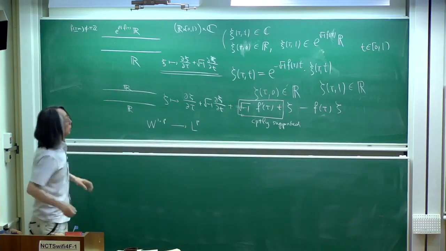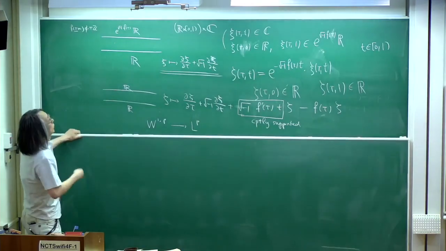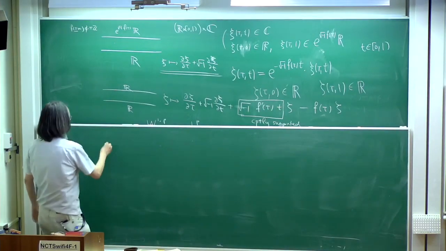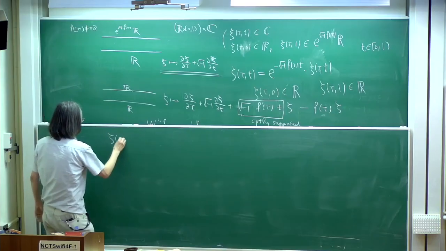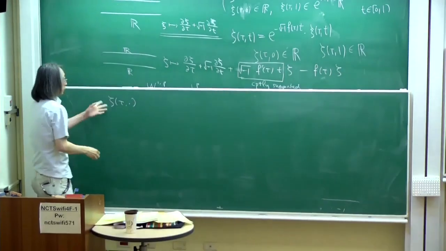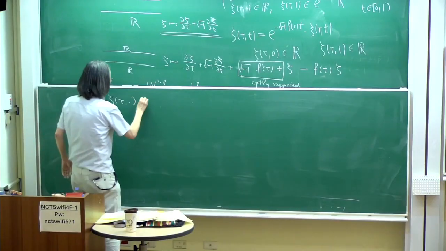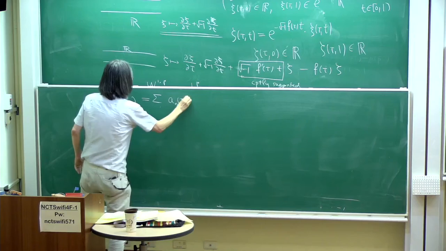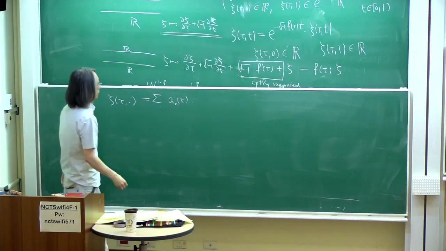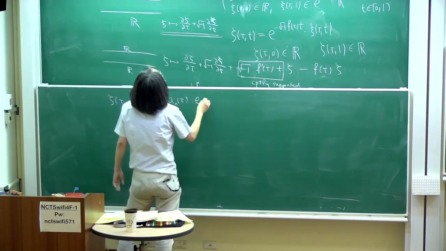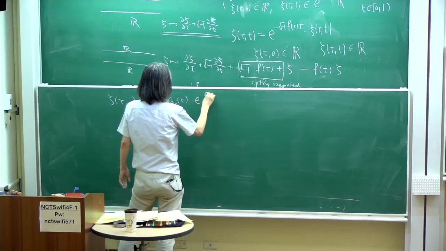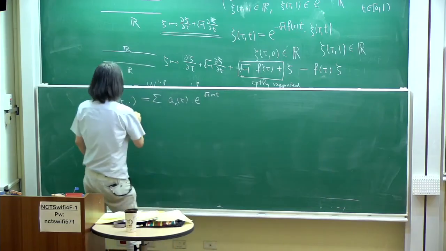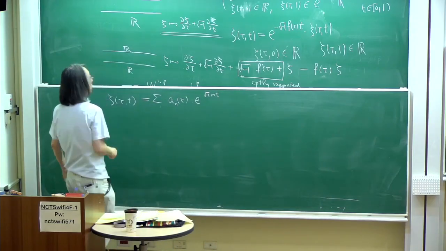Then I want to consider a Fourier expansion of this function. So for each tau, we may want to decompose into a sum of a_n(tau) times e to the square root minus 1 of n t. Maybe here I may write t here.